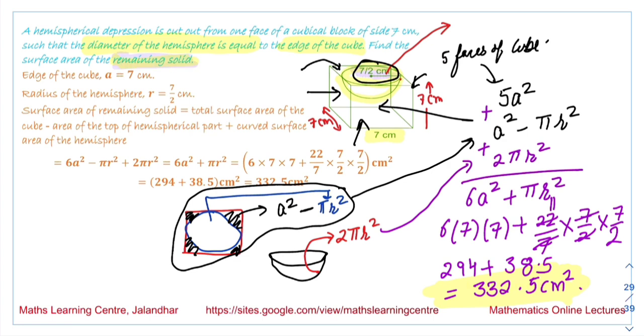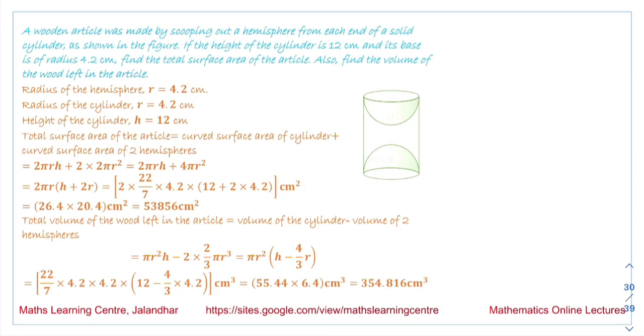Next we have, a wooden article was made by scooping out a hemisphere from each end of a solid cylinder. So this is the solid cylinder that is given to us, and the hemispherical parts are taken out from both ends of this cylinder.